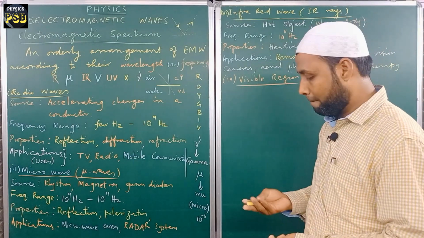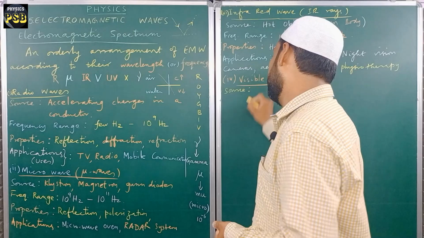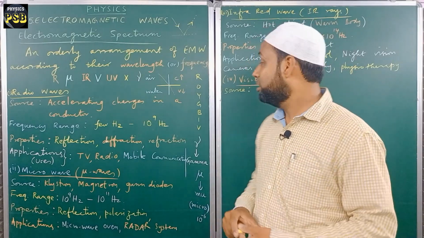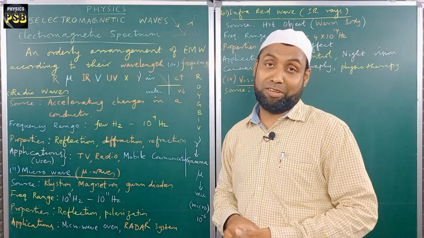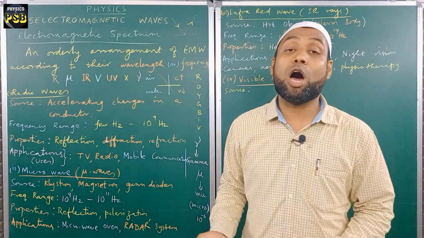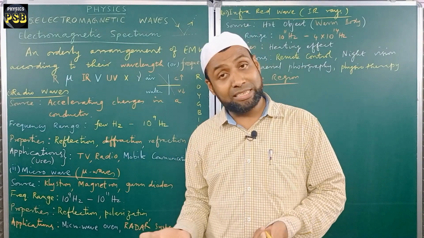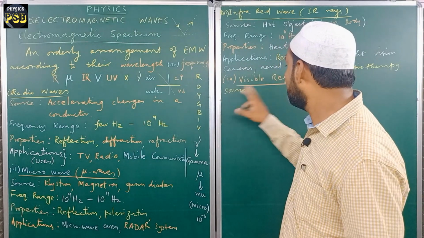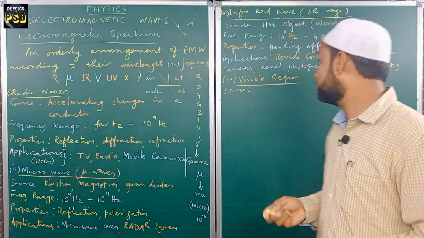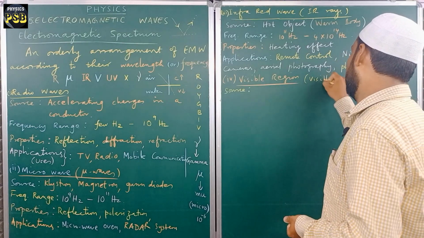And here, what is the source? We have a lot of information about this region of the electromagnetic spectrum. Now, at home, if it is dark at night, we use bulbs. Whether it is incandescent, tube light or LED, all these are sources of visible light.